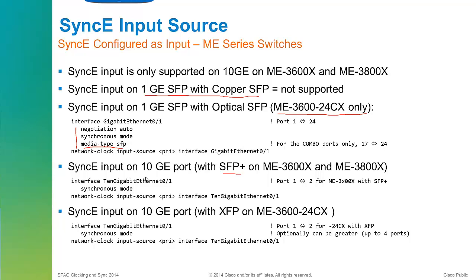And on the 10 gig E port, similarly, you just define synchronous mode and you say input source again, and you'll pick up the clocking from the 10 gig E interface. And the 3600 actually has an XFP, really for extended environmental range support. Again, you just configure it as synchronous mode. So all fairly similar. Negotiation auto, media type if it's a combo port, synchronous mode. It's all fairly straightforward.